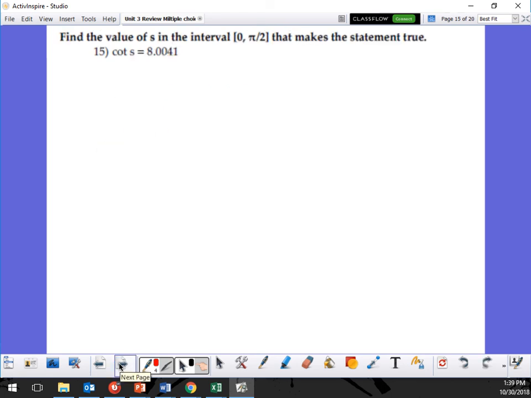Now, this one's different because it says find the value of S in the interval from there to there. If we're finding the value of S, is S representing my angle? Yeah, there's a clue right here. It's going to be in between 0 and pi over 2.